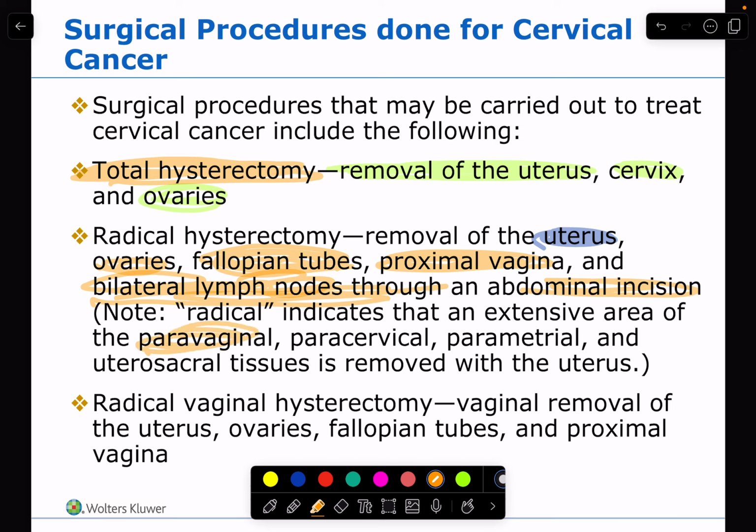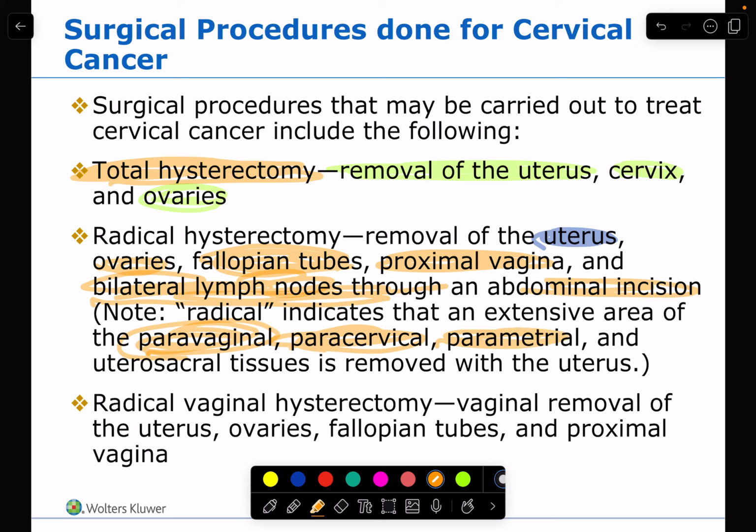When you see paravaginal, these are the tissues that are nearest, or located on the adjacent portion of the vagina. So, yung tissue that wraps or surrounds the vagina is also removed. That is paravaginal. Paracervical, so lahat ng mga tissues that wrap or surround the cervix is also removed.